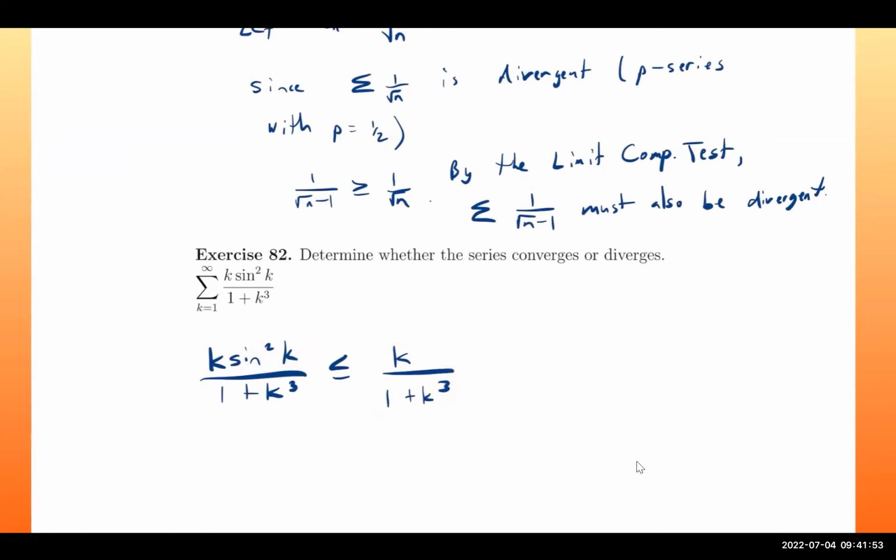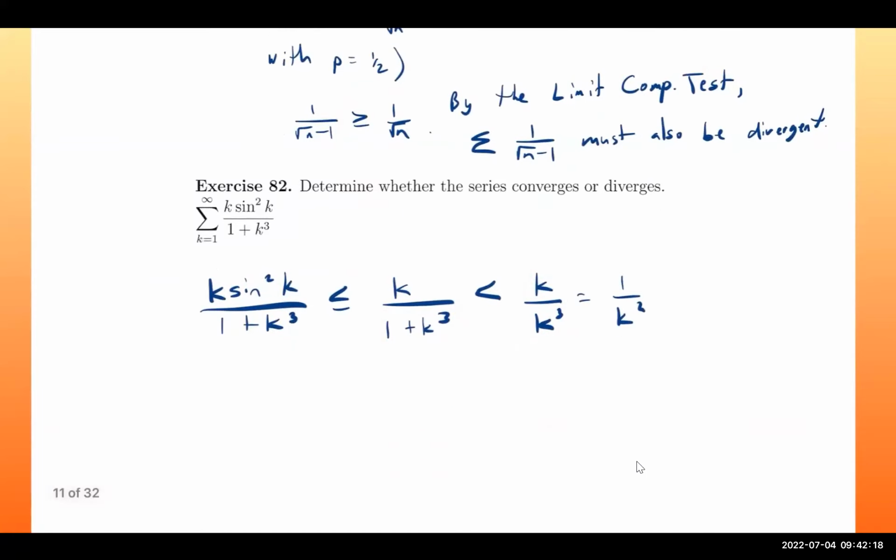And we also know that this is true because the denominator is smaller here, which makes the fraction bigger than this one. And then we can simplify this fraction.